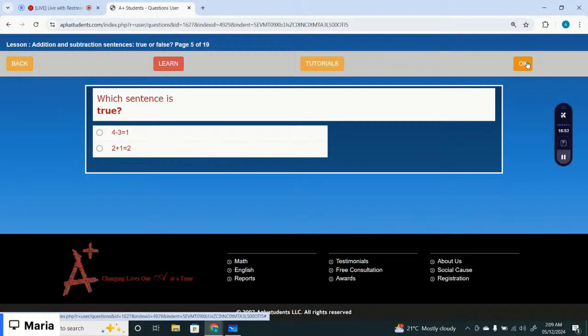Which sentence is true? 4 minus 3 equals 1 and 2 plus 1 equals 2. So which is the correct option?